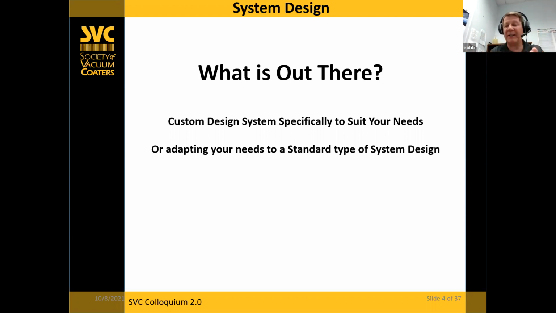I would like to look at a certain model of that line, and I'd like to investigate if my process will fit in that system. So two different approaches. We'll talk about the benefit of either and try to lead you and guide you down a path so that you can make an informed decision when it comes to your system.